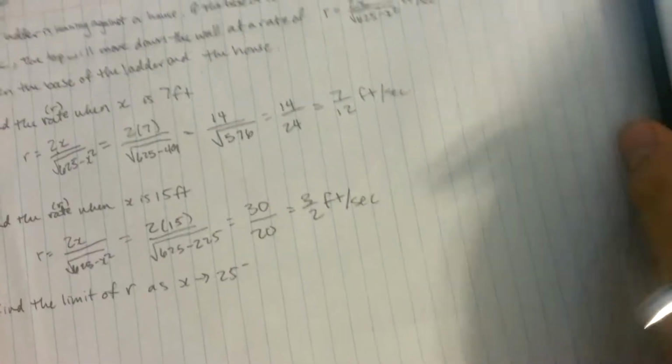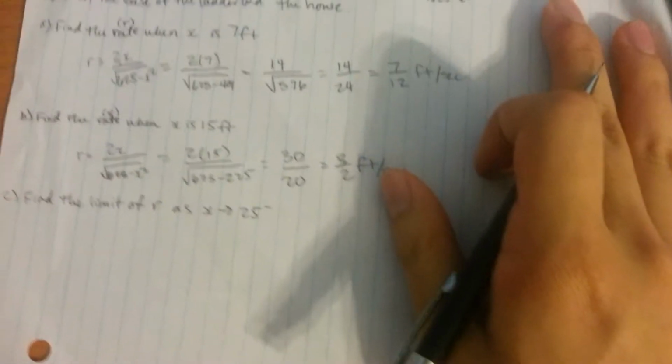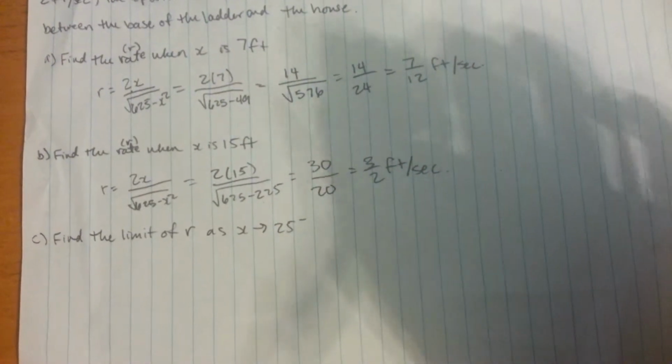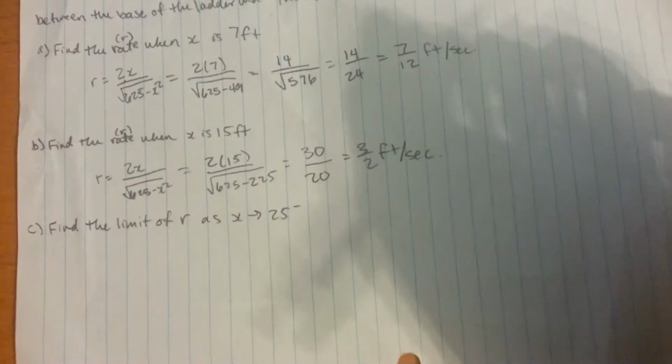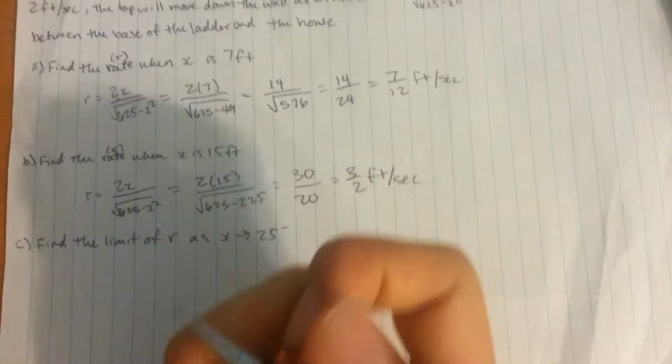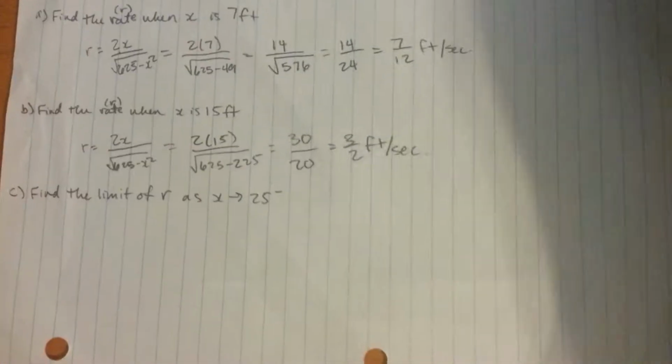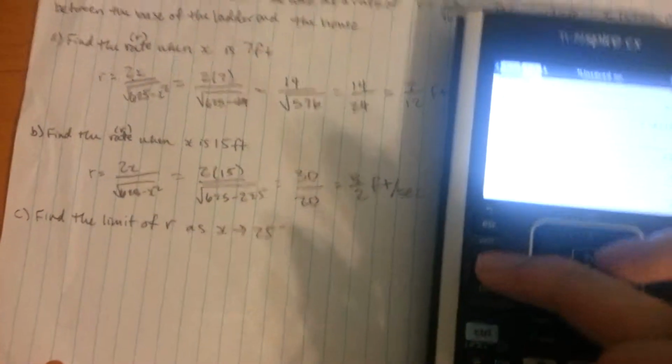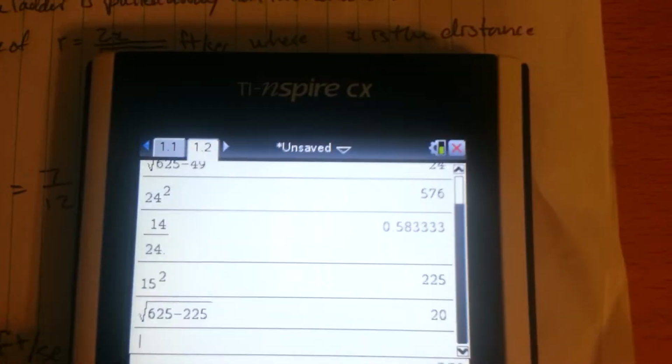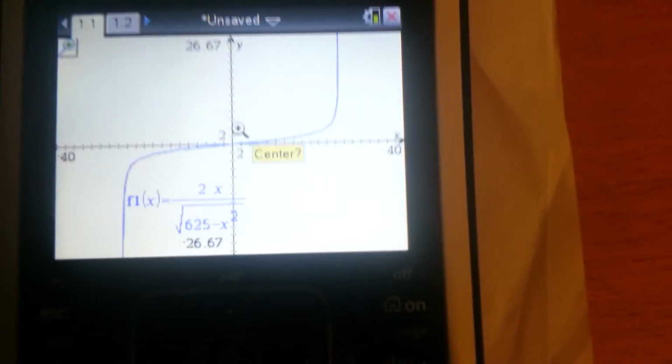Now, the third part of the question asks, find the limit of r as x approaches 25 from the left. So, if you graph this equation, you get a graph that looks like this.